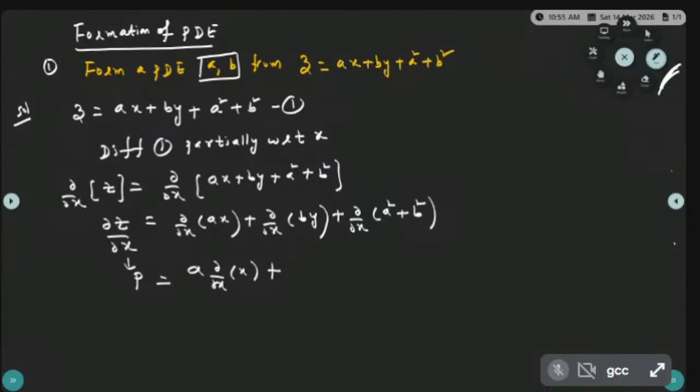Because there is no x. This middle expression does not contain any x term. B is constant, y also constant. Here there is no x term. When we differentiate with respect to x, y constant, b constant, total constant, that is 0.